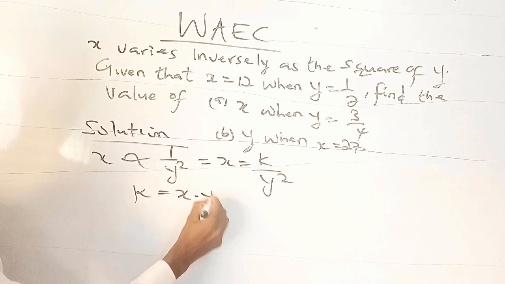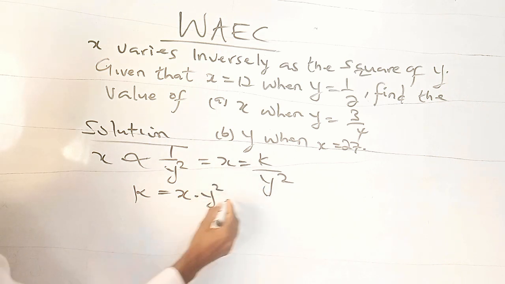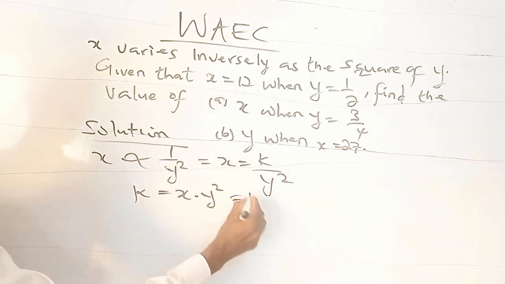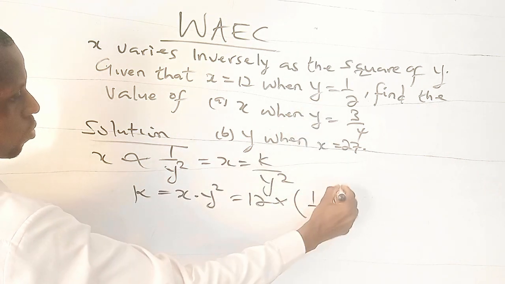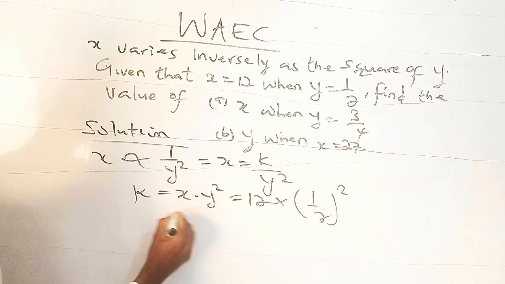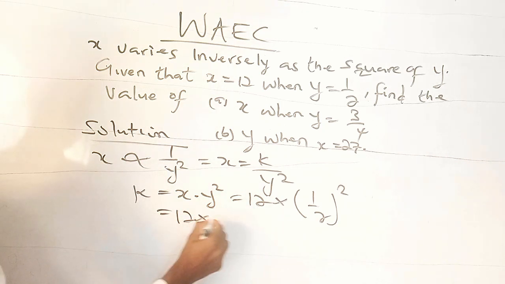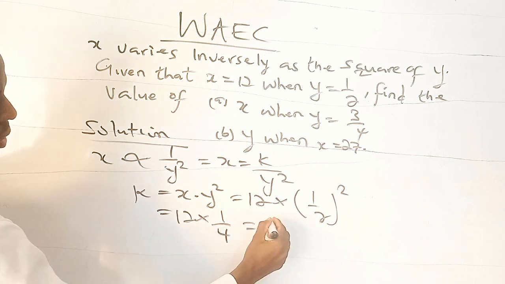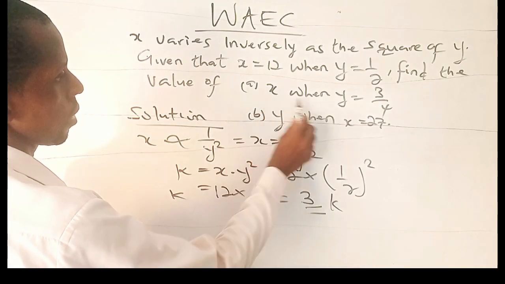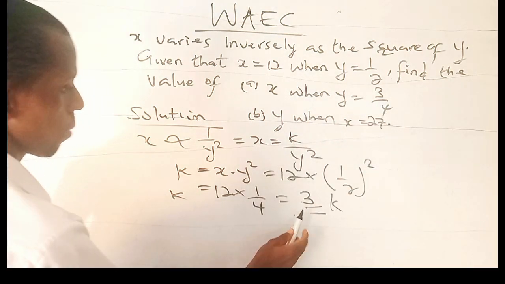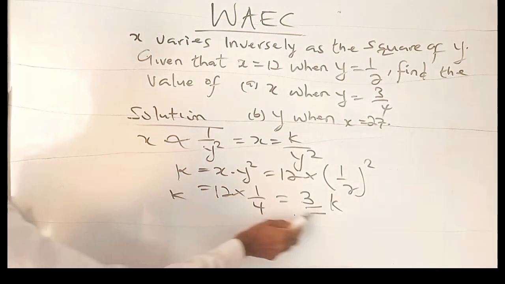So I have to multiply both. My x is 12 times my y, which is (1 over 2) squared. So here I'm having 12 times, opening the brackets, 1 over 4, or I have k to be 3, and I simplify. I'm to find x when y is 3 over 4, so I've determined my constant, which is my k, to be 3.